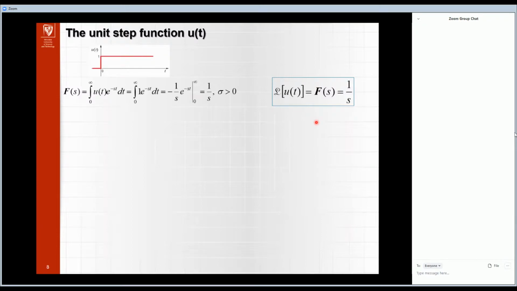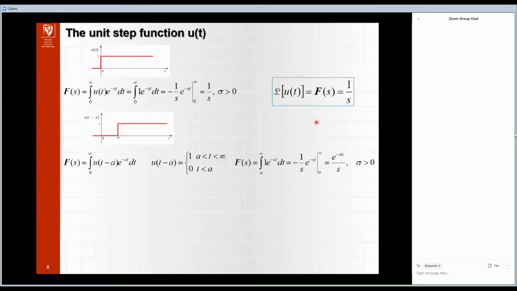Okay, and now we can find the transformation when we shift this unit function in time. The shifting time is equal to a, so instead of this function, I put here this function, and we know about the value.